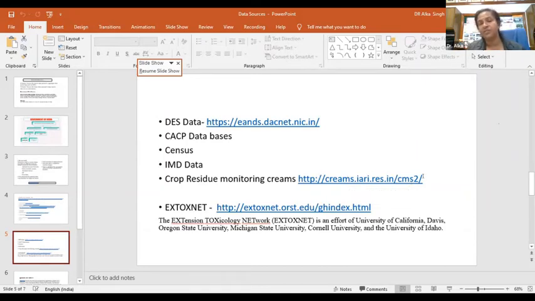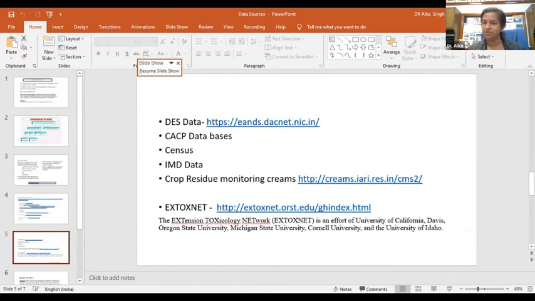Here, for many of the states, for rice and wheat, crop residue burning cases are given, in terms of the daily burning or the spots of the burning, frequency of the burning, and many other pollution levels.